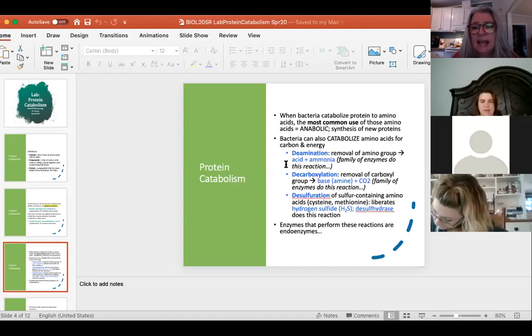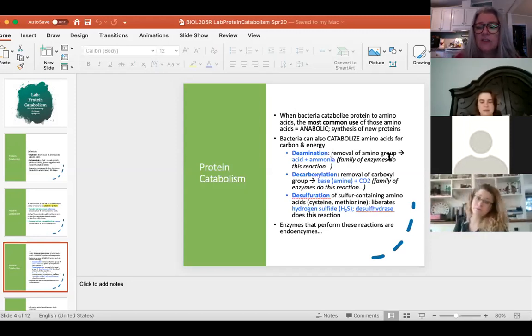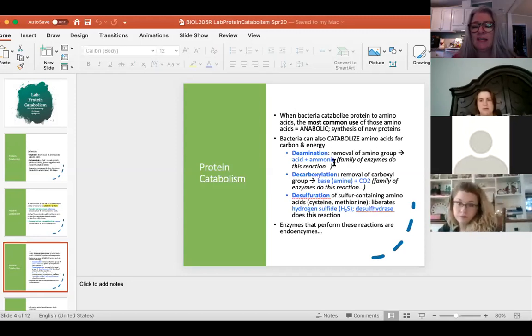So deamination, like the name suggests, removes the amino group from the amino acid. And we'll look at the structure of an amino acid in just a sec. So it's going to take off that amino group from the amino acid. And that's going to create two things. It's going to create an acid and ammonia.